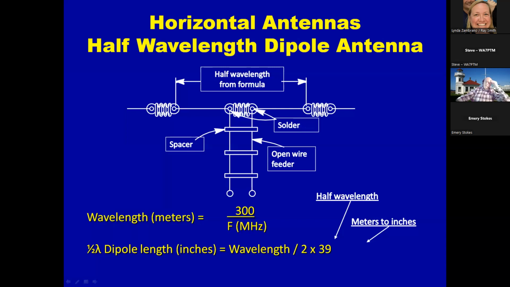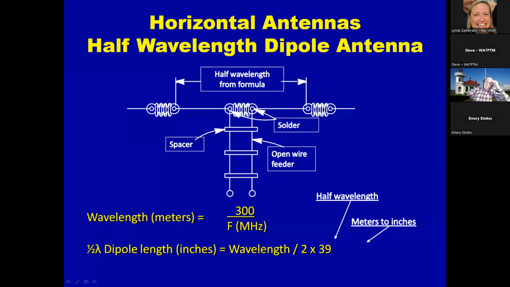Now, the actual physical length of an antenna is going to be slightly smaller because electron flow through a conductor is slower than the speed of light. There's resistance in the conductor. This decrease in speed is referred to as a velocity factor, and it's usually expressed as a percentage.